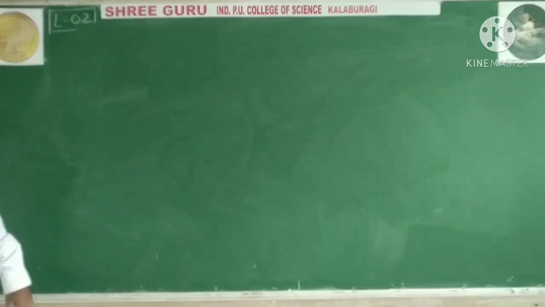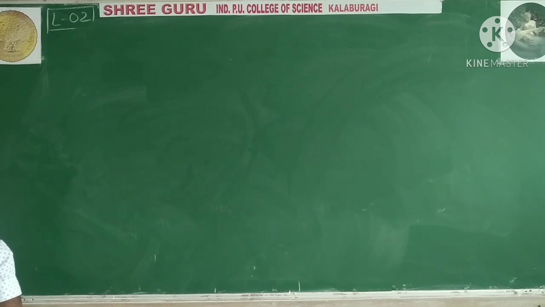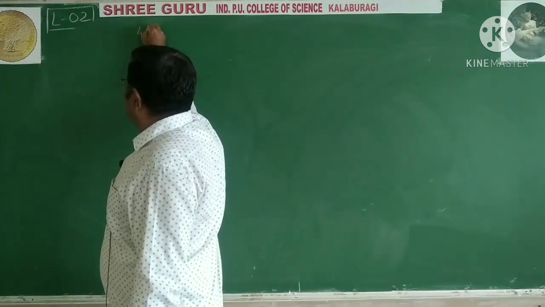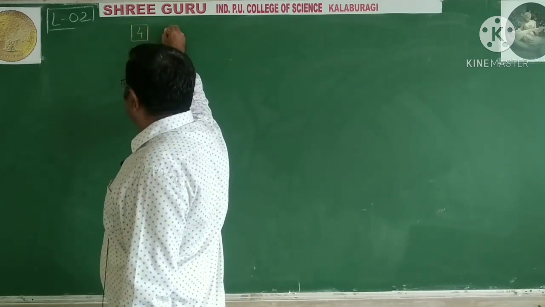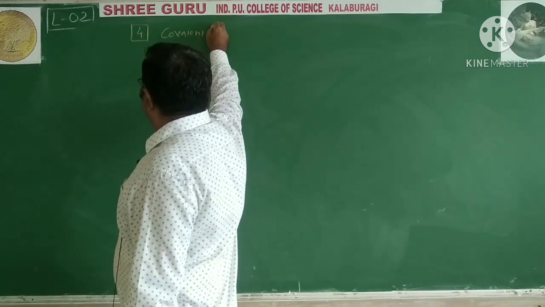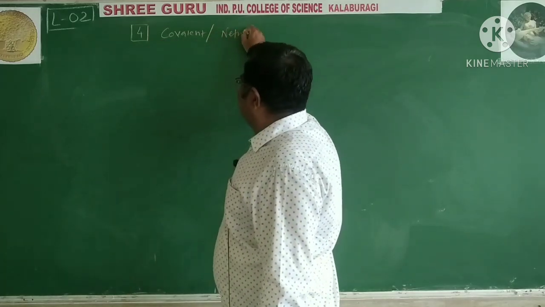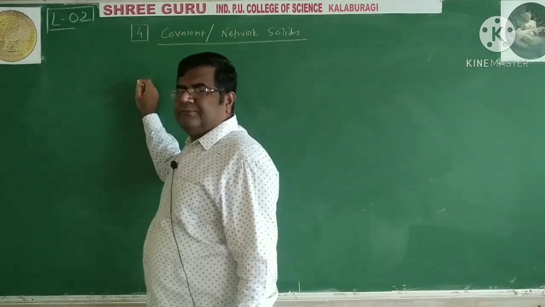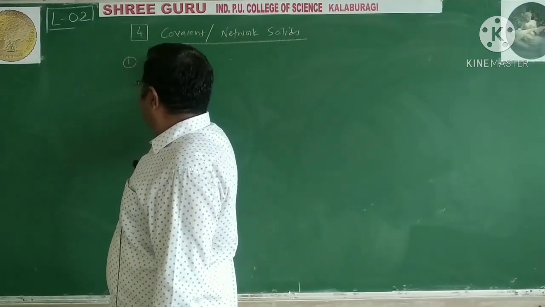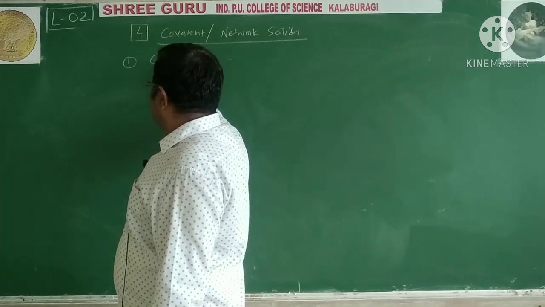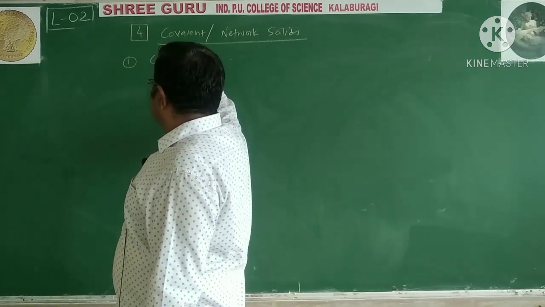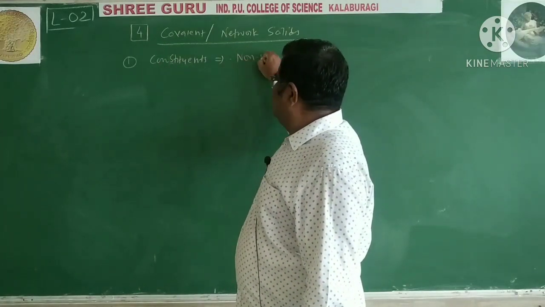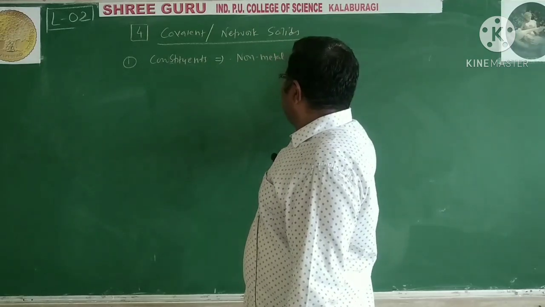So the fourth type of crystalline solids is covalent, also called network solids. Now what are the constituents? We say constituents are non-metal atoms.